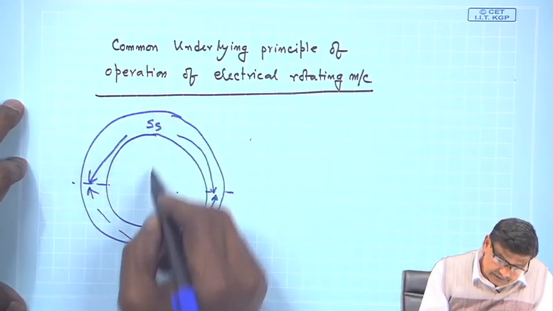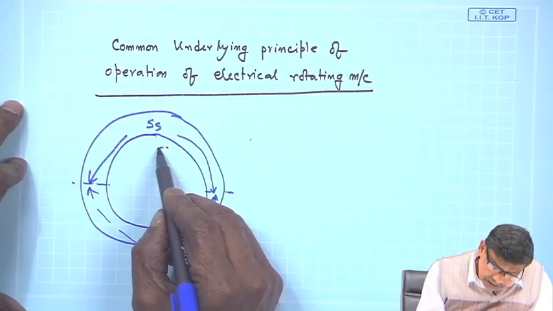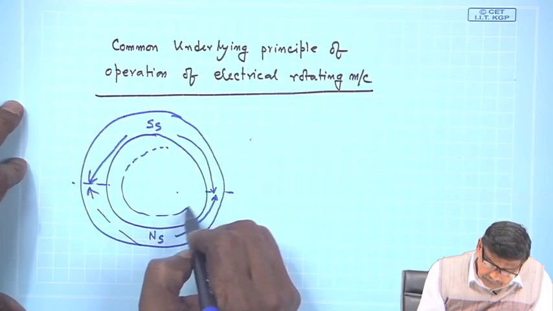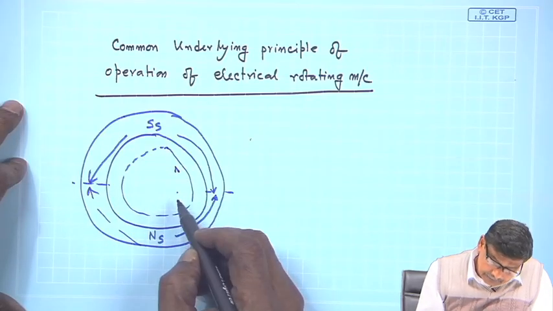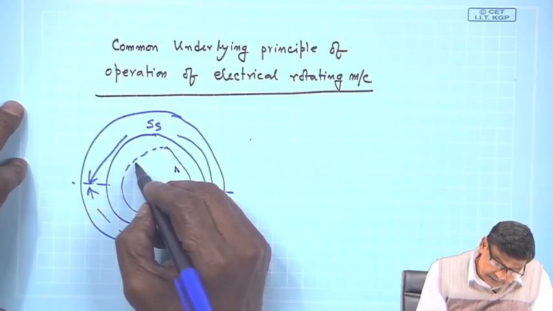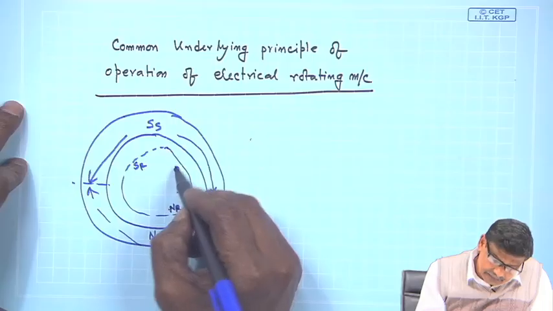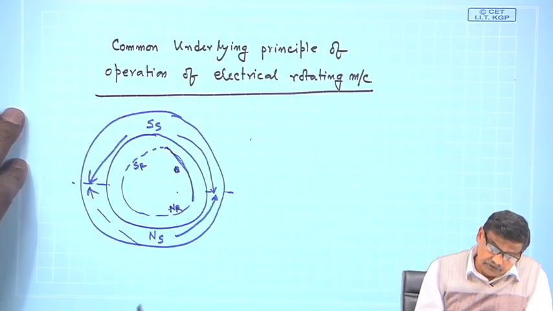So this is this pole, and suppose the rotor is also having poles. Suppose this is say NR, and this is say SR. Windings I am avoiding, I know how to create such poles.